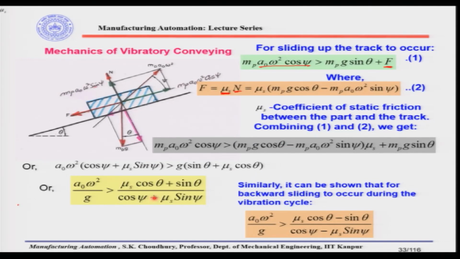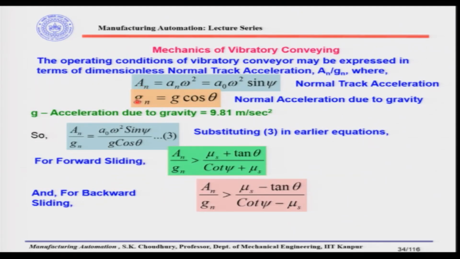That will give you an by gn equal to A0 omega square sin psi divided by g cos theta.